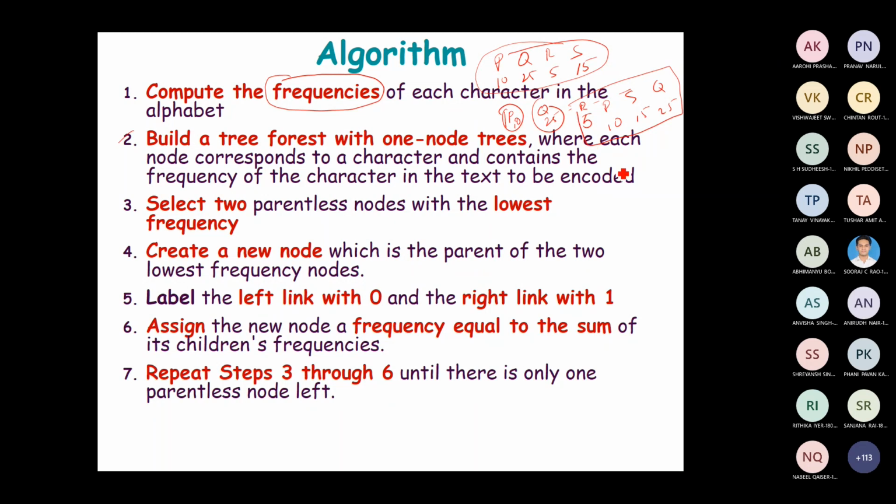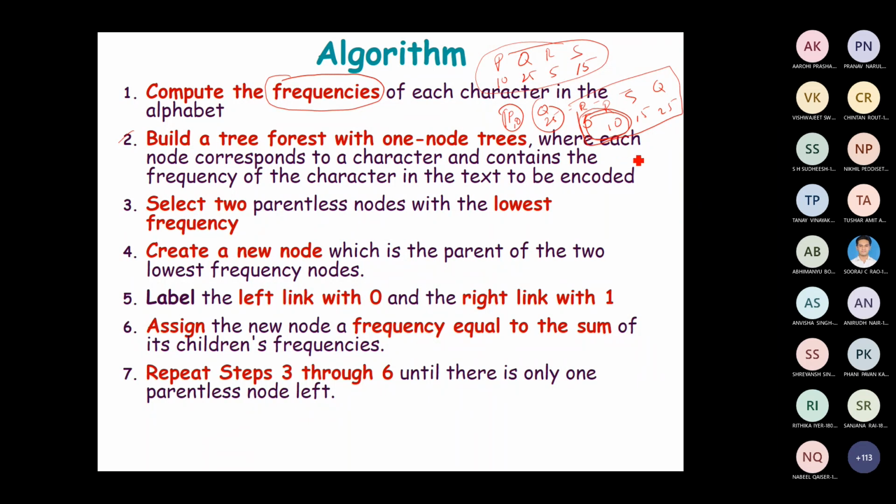Then the third step says select two parentless nodes with the lowest frequency. Which are the nodes with the lowest frequency? That is the first two nodes. Using these two, you create a parent node with 5 and 10 as the children of that parent node.